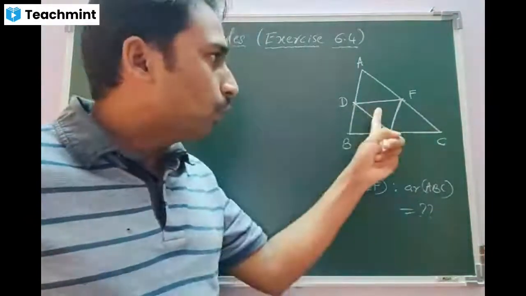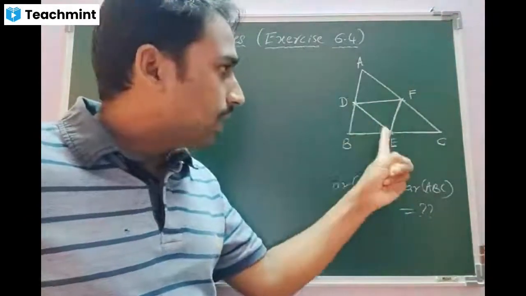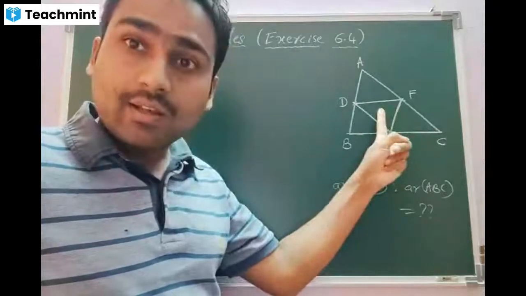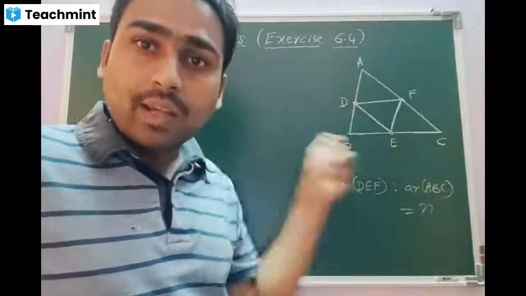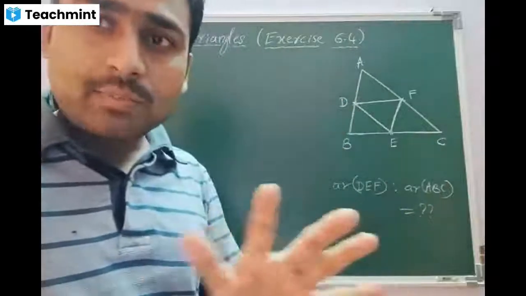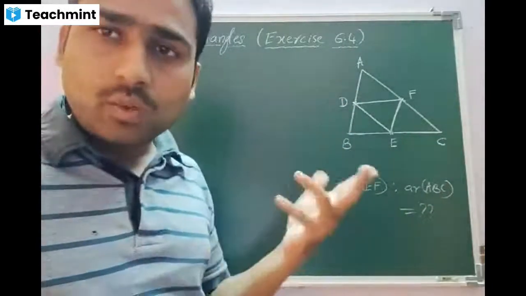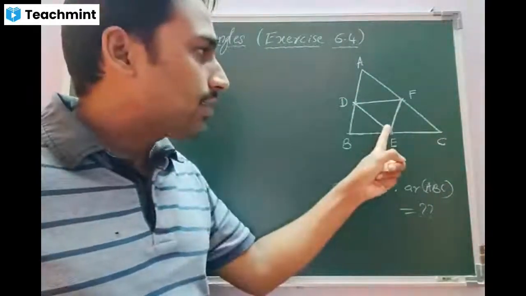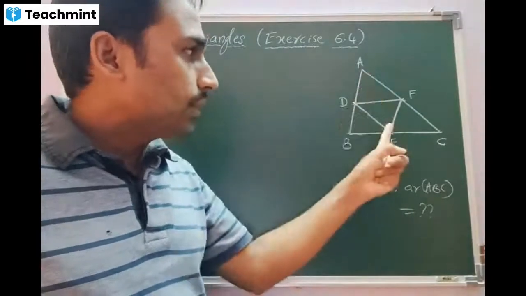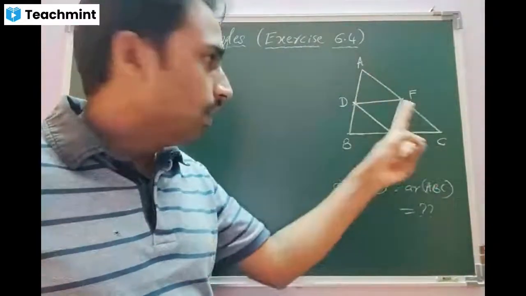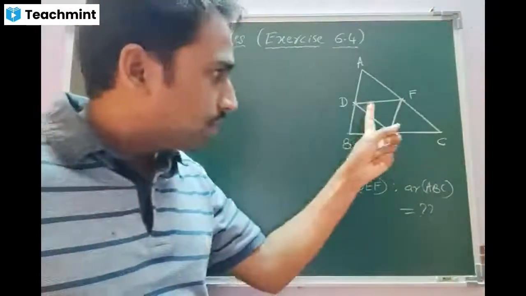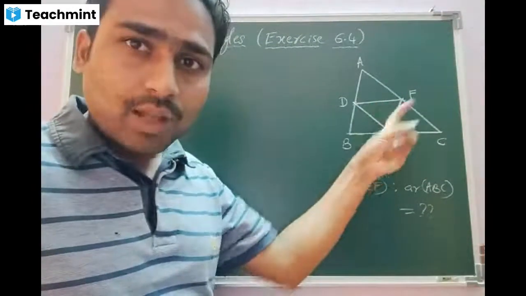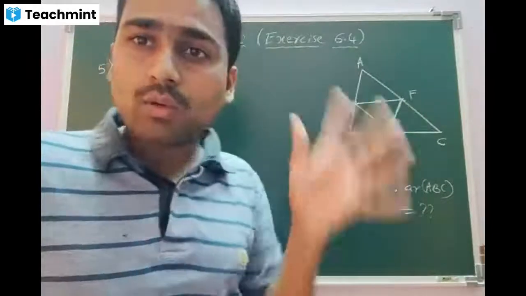Now, first, if I want to prove the smaller triangle DEF, the inner triangle, is similar to the outer, the bigger ABC, at present it is not possible because we don't have any data to tell that this angle is equal to this, maybe this angle is equal to this angle, maybe this is equal to this. It means the three angles of the inner triangle are equal to the three angles of the outer triangle.